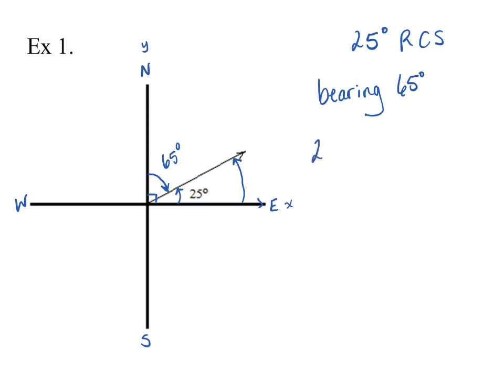We say that that's 25 degrees north of east. Another word that you can replace "of" with is "north from east." That means you start at the east and then you go north of that, okay? So we can say 25 degrees north of east, meaning start at the east and go 25 degrees north of that.